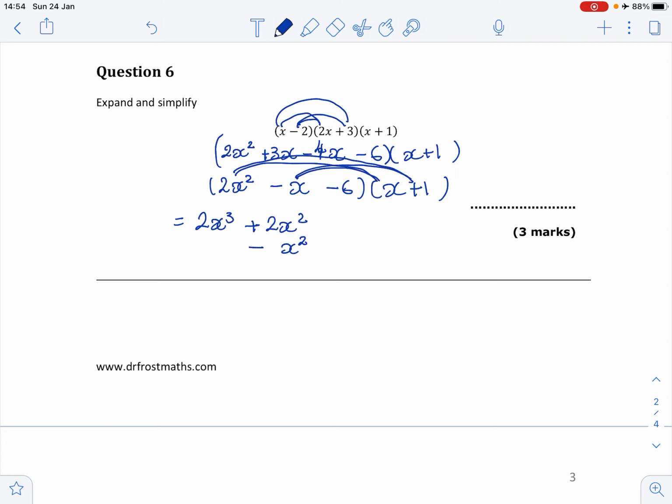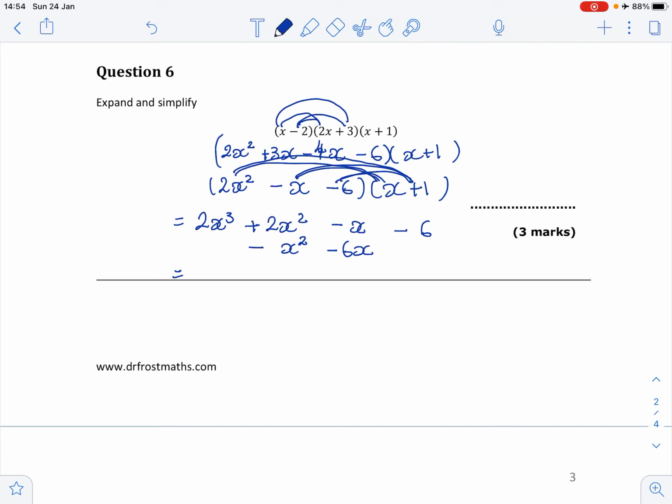Minus x multiplied by 1 is minus x. Minus 6 times x is minus 6x. And finally, minus 6 multiplied by 1 is minus 6.